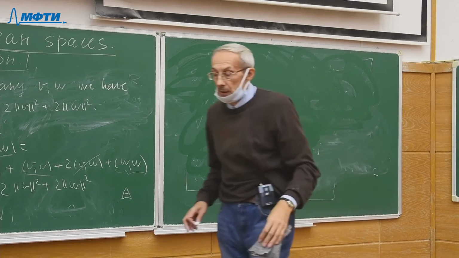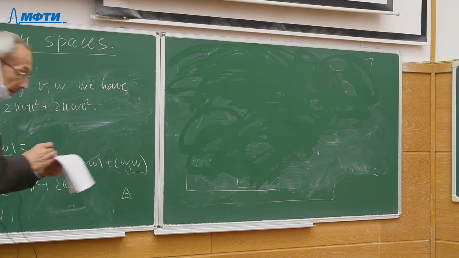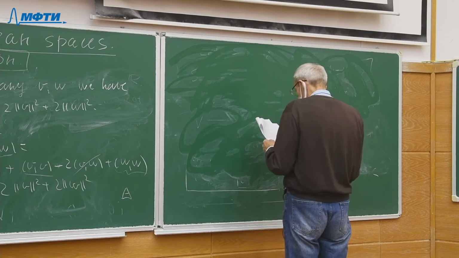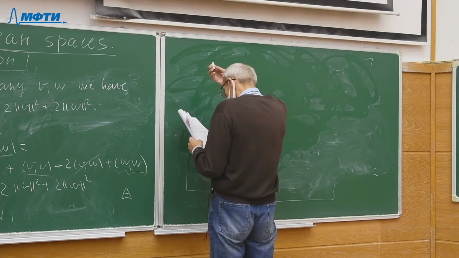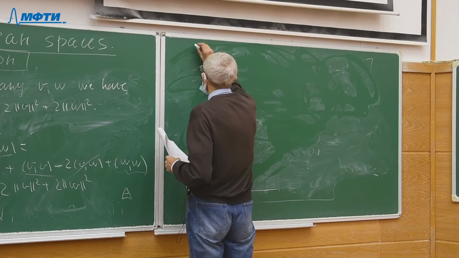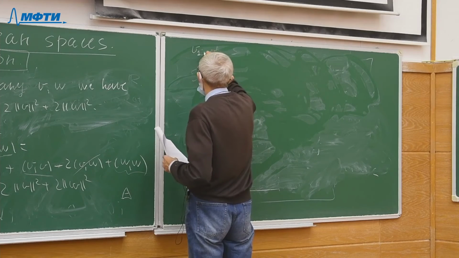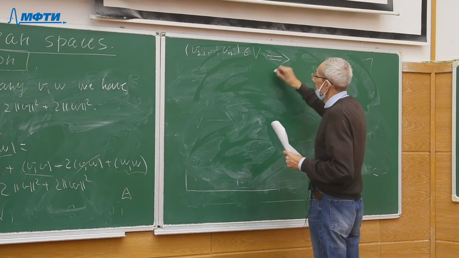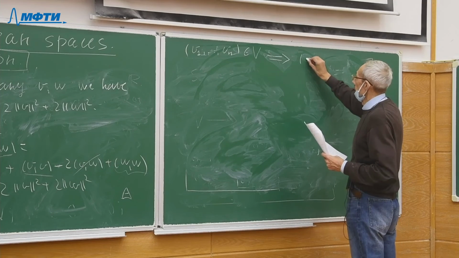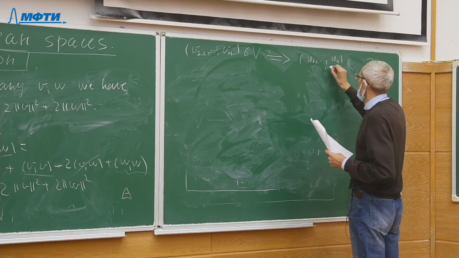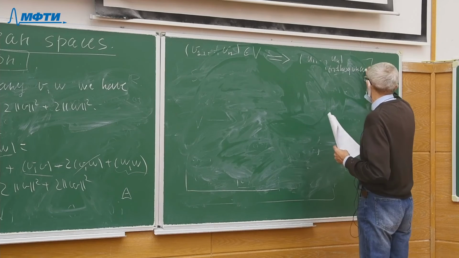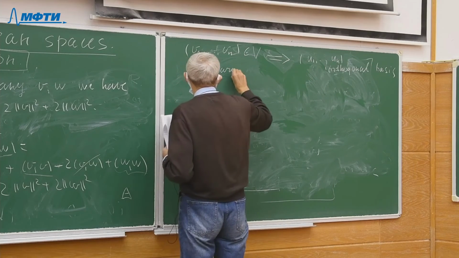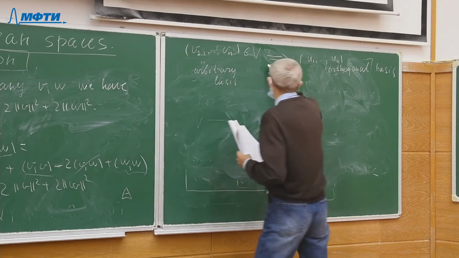We have some basis v_1, ..., v_n of the vector space V, and our goal is to obtain some orthogonal basis u_1, ..., u_n.